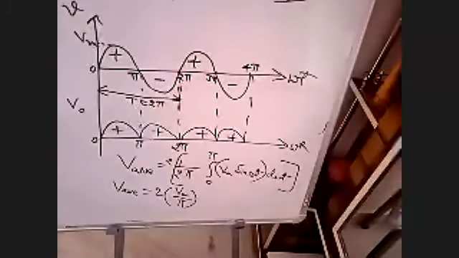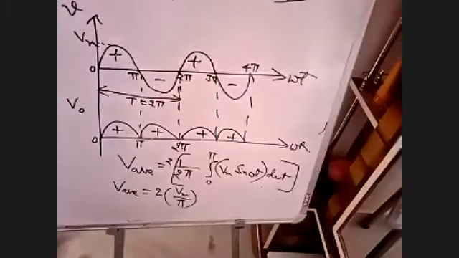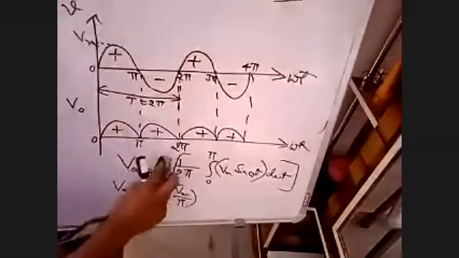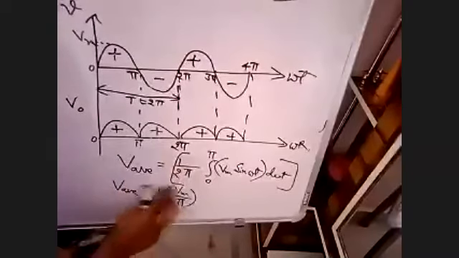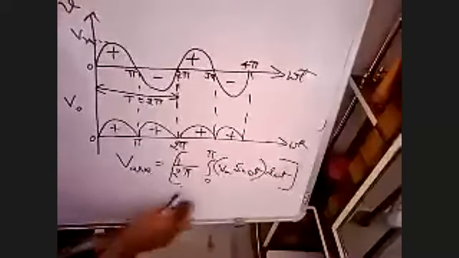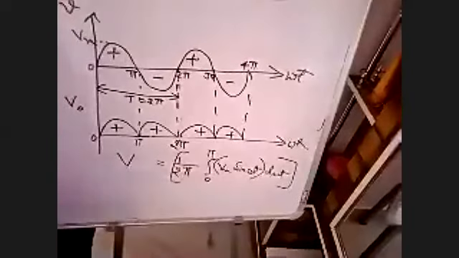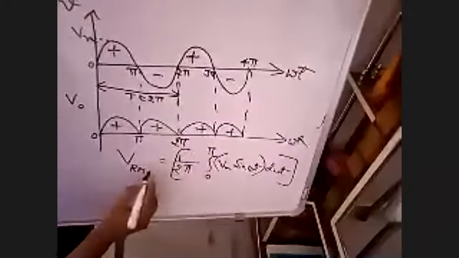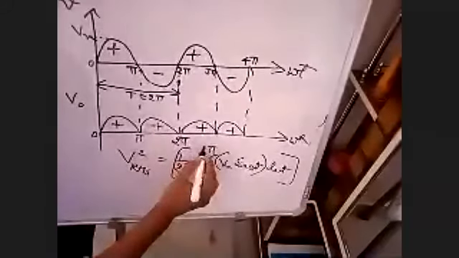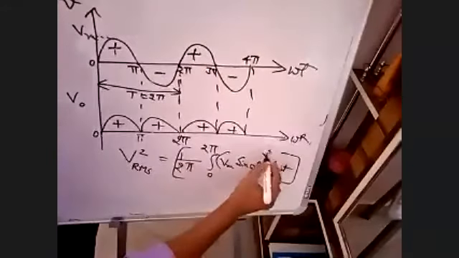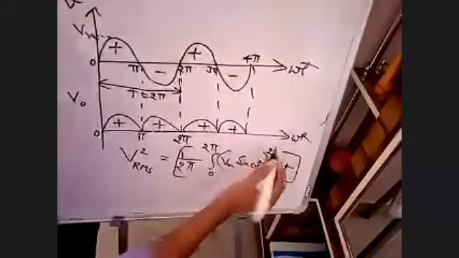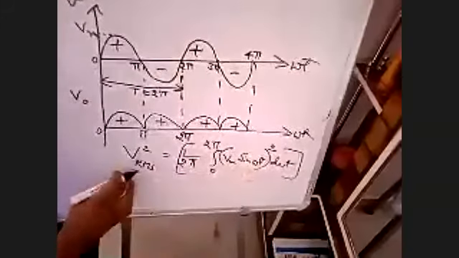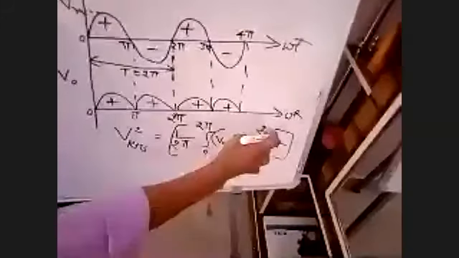See here. I'm taking squares on both sides. VRMS square, instantaneous value whole square.